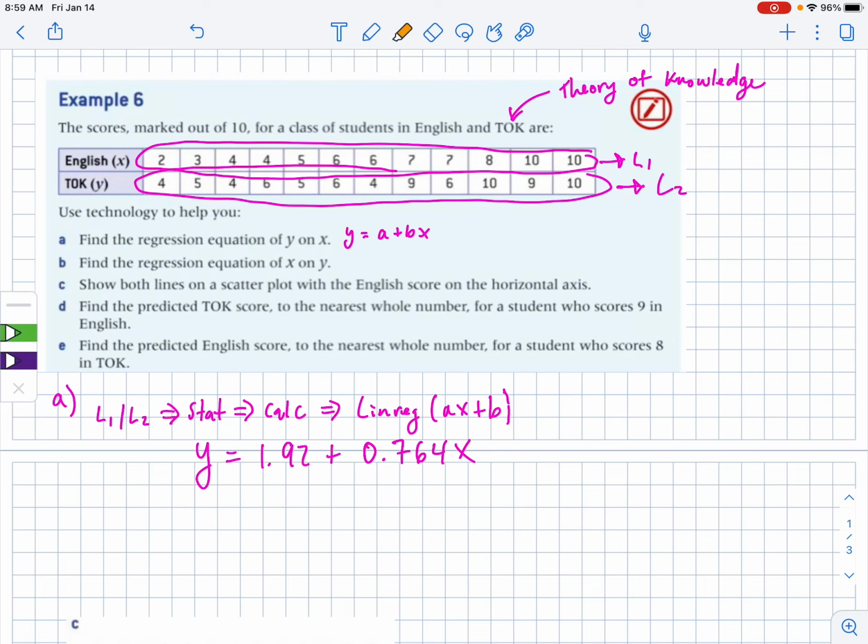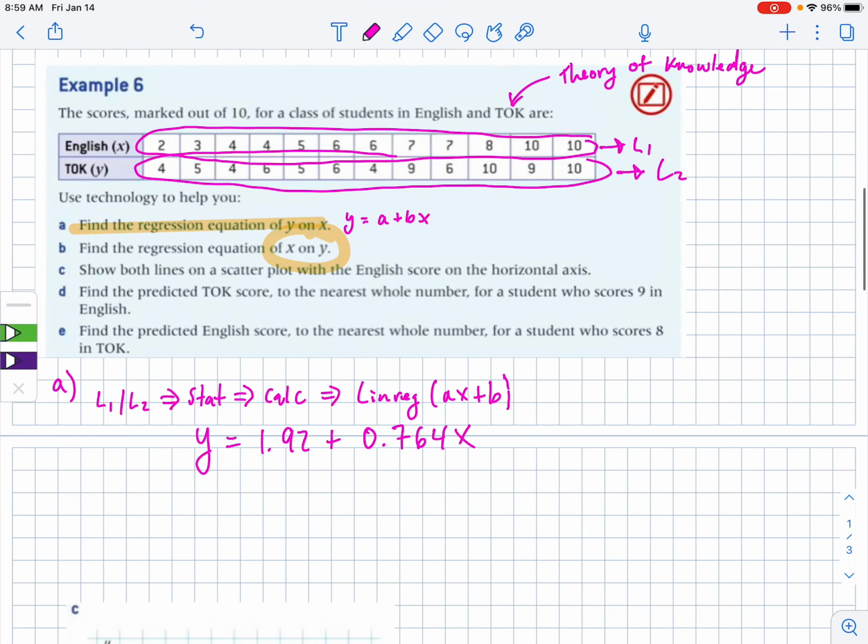So that was all straightforward, finding the regression equation, the line of best fit for y on x. If we're going to find x on y, it's the flip of that. So here's how you do that. You still keep the English in L1 and the theory of knowledge in L2, but you want to reverse your inputs in your lin reg.